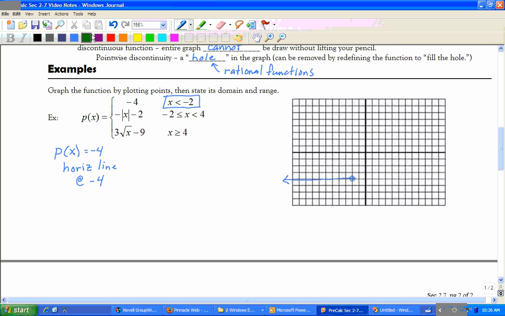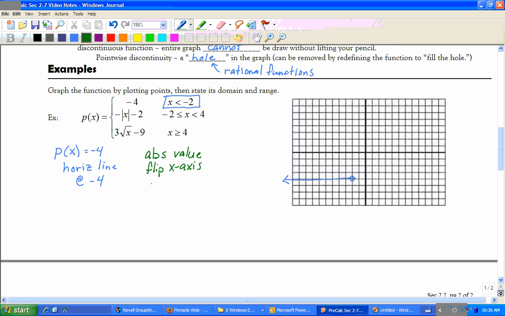Let's take a look at the second one. This is an absolute value function. And we know from the last chapter that this is a V shape, and both lines have a slope of 1 and -1. The negative out in front means we're going to flip over the x-axis.